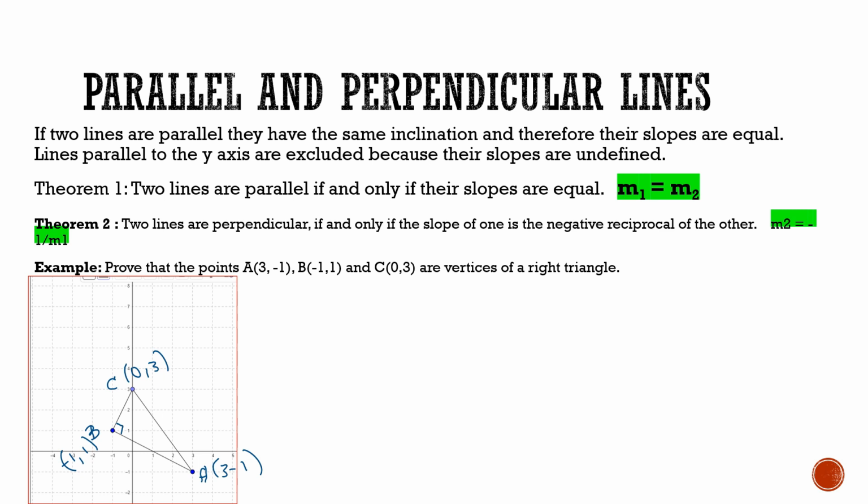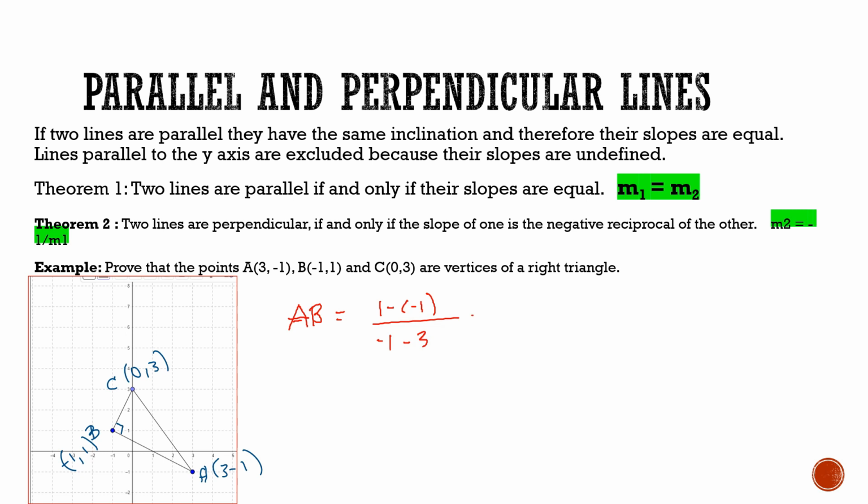To get the slope of AB, we have y2 which is positive 1, and then minus negative 1, that is y1, all over x2 which is negative 1, and then minus 3.